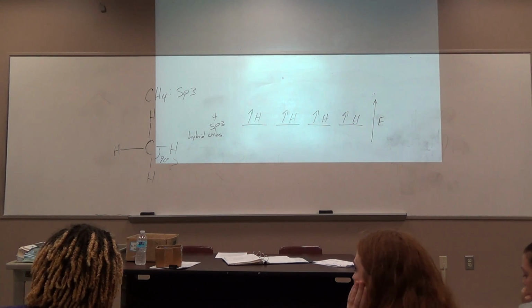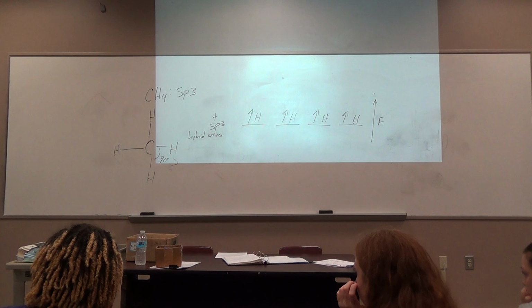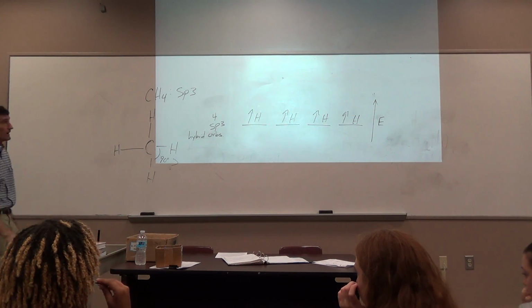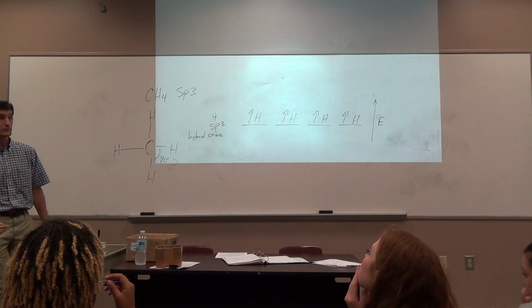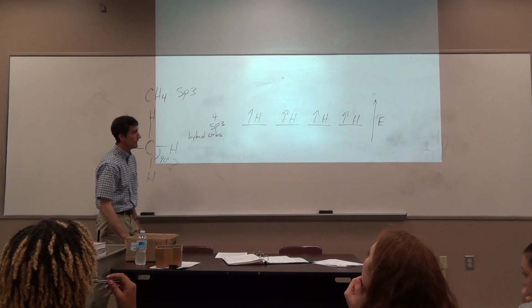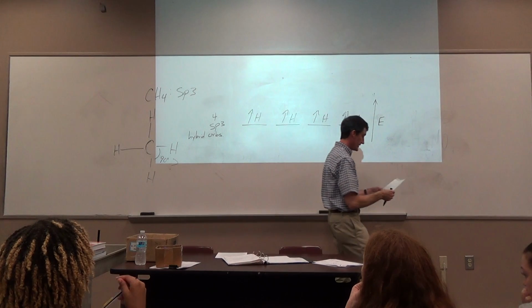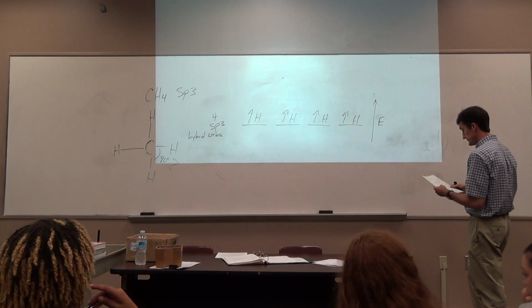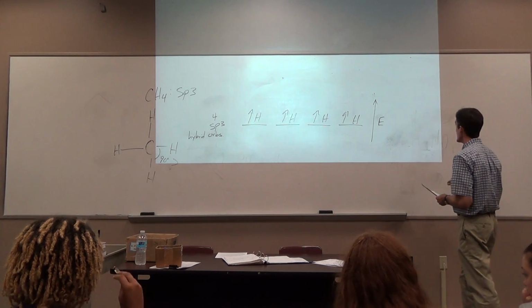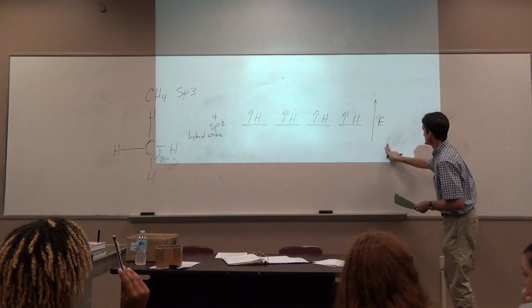X, Y, and Z. They're all orthogonal to each other. Okay? Well, how are these? These 4 are spread out in a tetrahedral manner. That is, let's see if we can draw that.